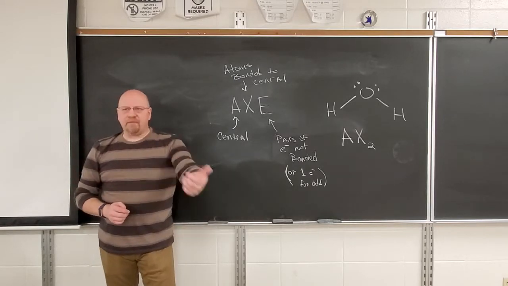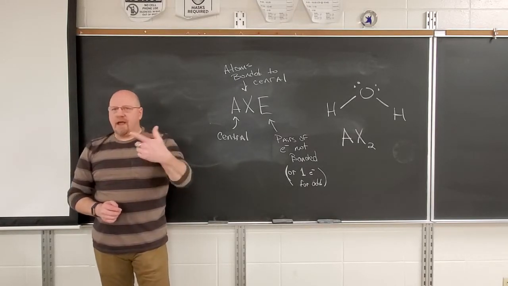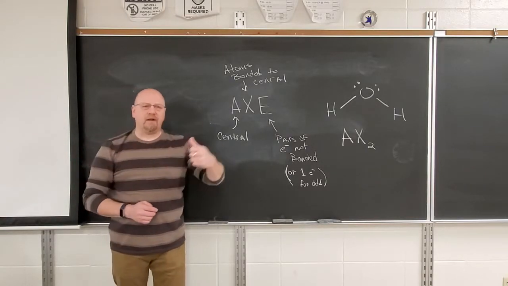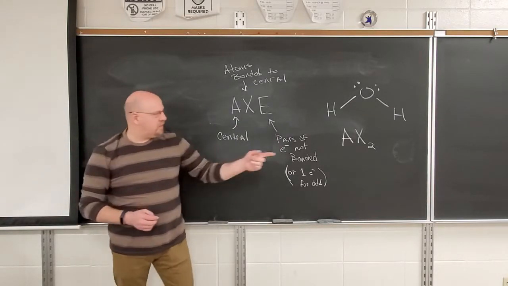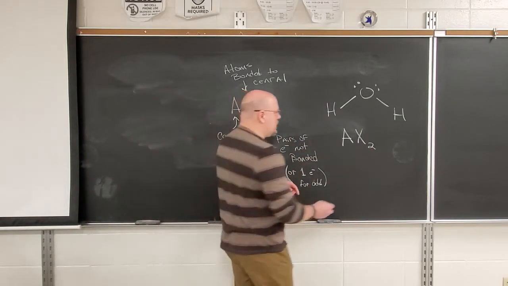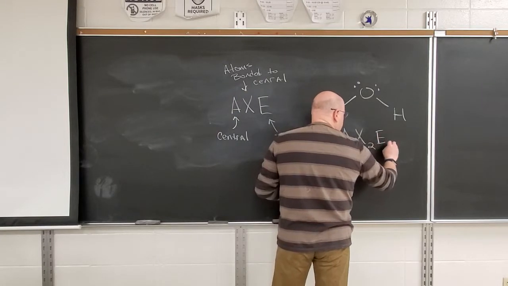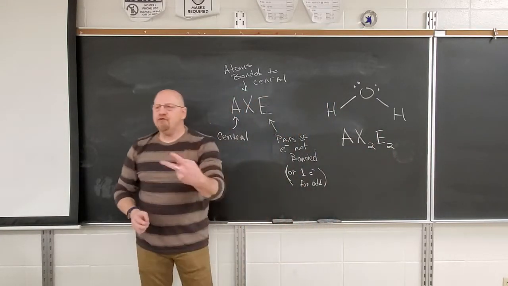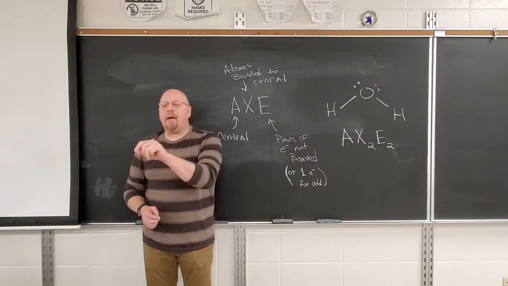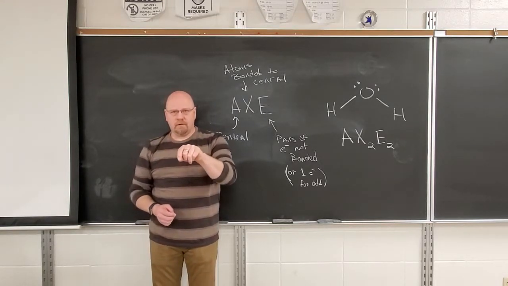So the A represents the oxygen. The X represents that there are 2 hydrogen atoms bonded to that oxygen. So that's the AX2. E2, because I have 2 pairs of electrons. Not how many electrons, how many pairs. Okay?